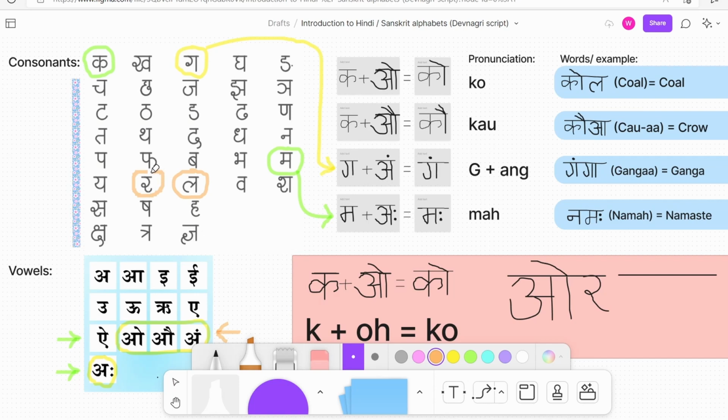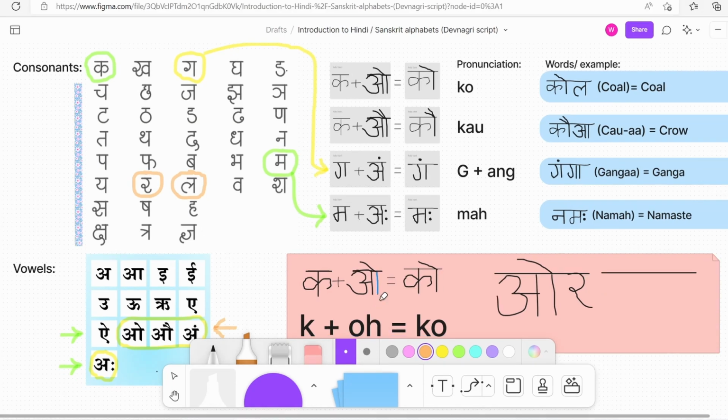This is pronounced as ra. So O can be used with consonants as well and without the use of any other consonant as well.